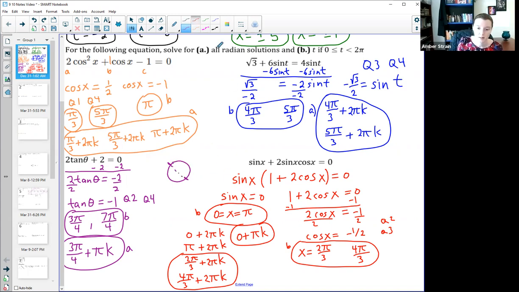Just like 0 and pi are exactly halfway across. So they're special. Okay, so that has an easier way to write it, a more concise way without writing as many plus 2 pi k's. So these would be your 3 final answers for part A. Okay. So these two are your answers for part B. These two are your answers for part A.